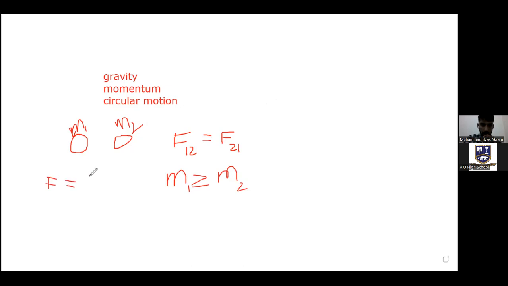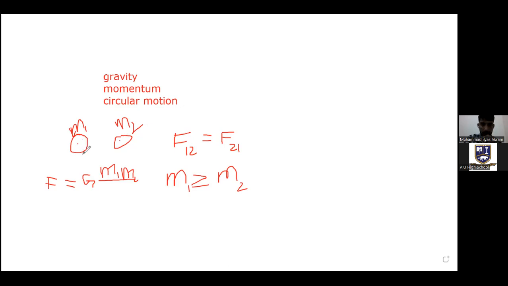G, which is called the universal gravitational constant, times the product of both masses m1 and m2, divided by the distance from the center of one to the center of the other.